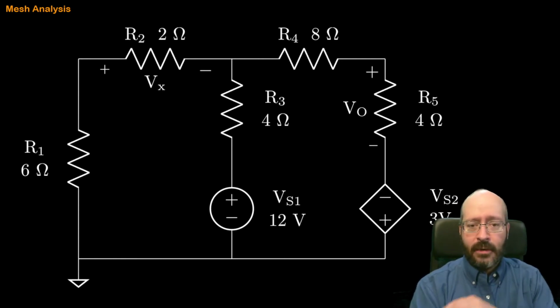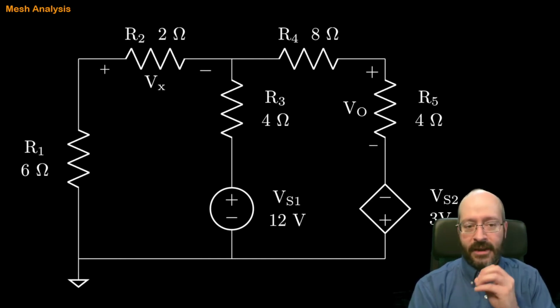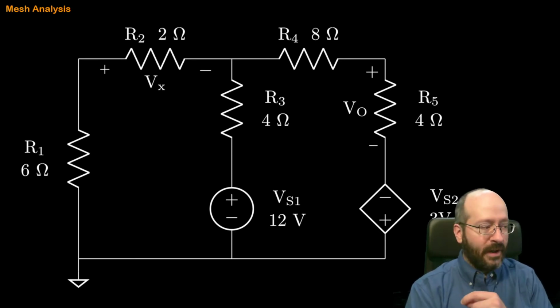So right now, using the tools we have, we can analyze this circuit, but we have to have an organized method to apply those laws. Flying by the seat of your pants, MacGyvering the analysis on this circuit, probably not going to get you there. So we're going to organize things a little.